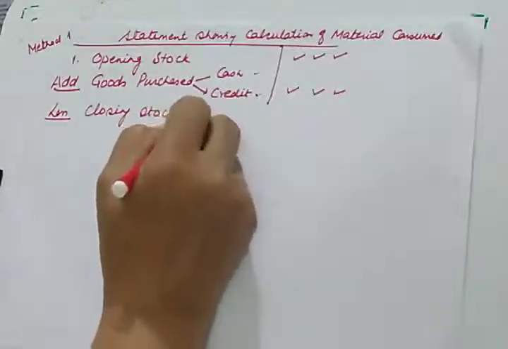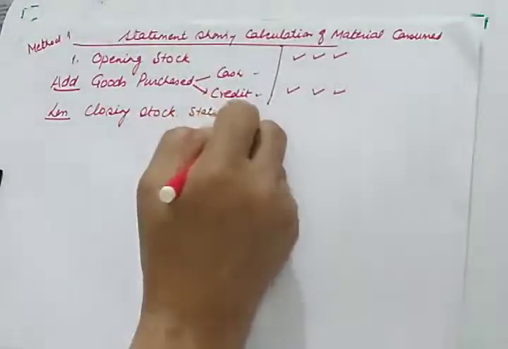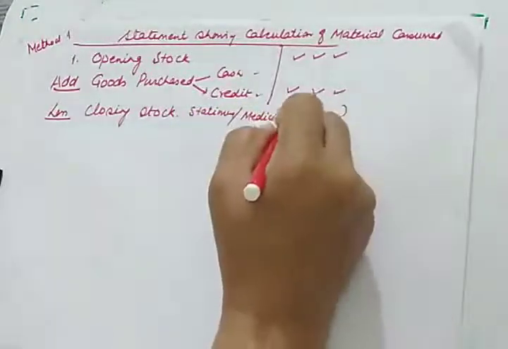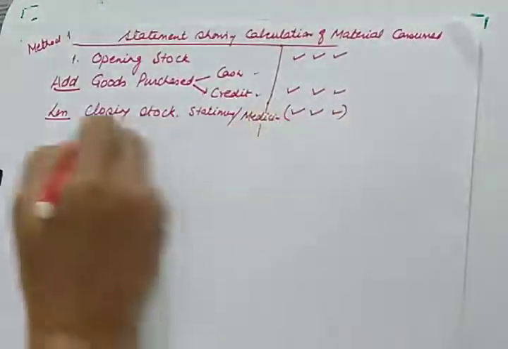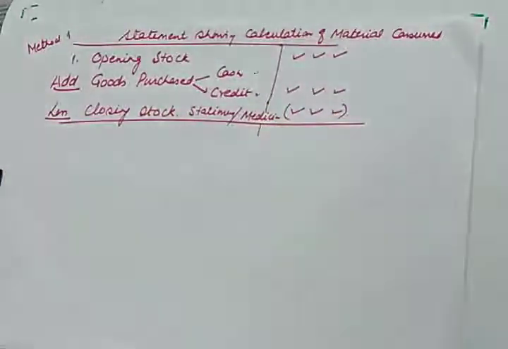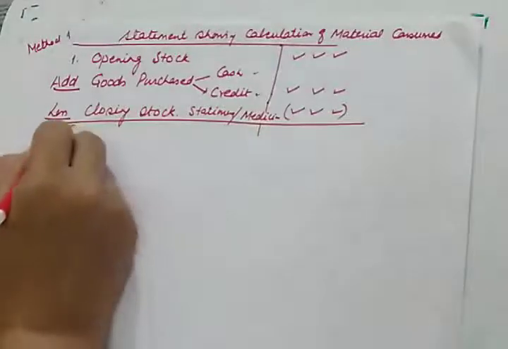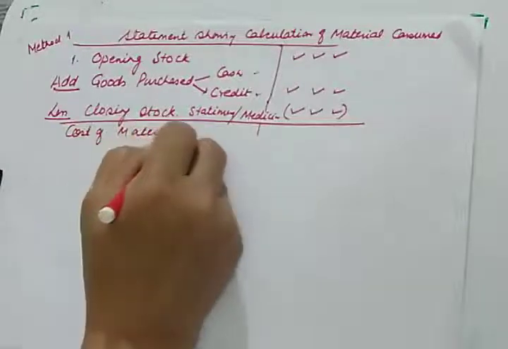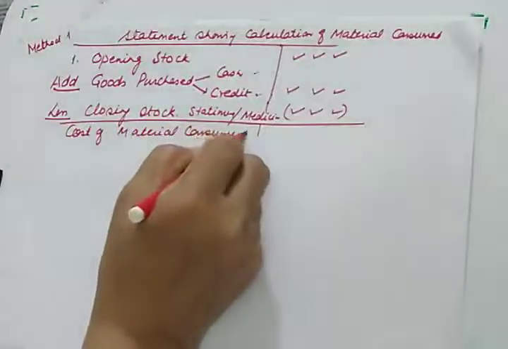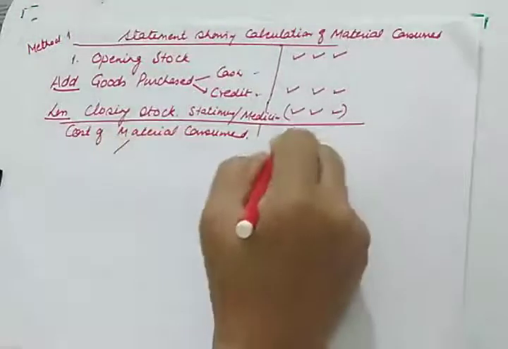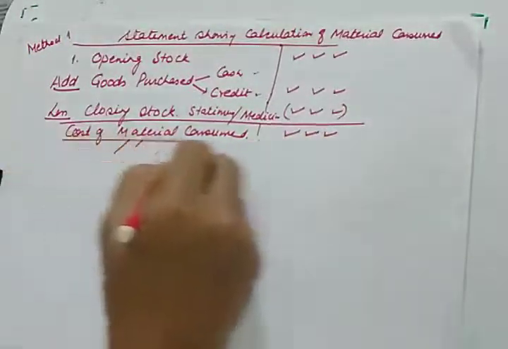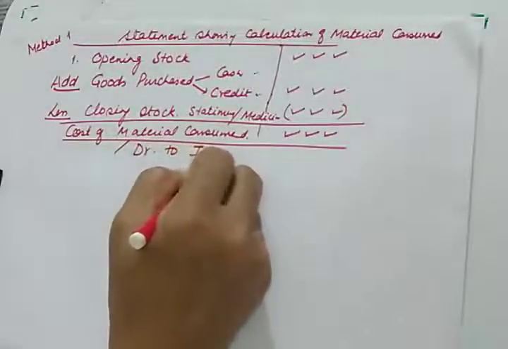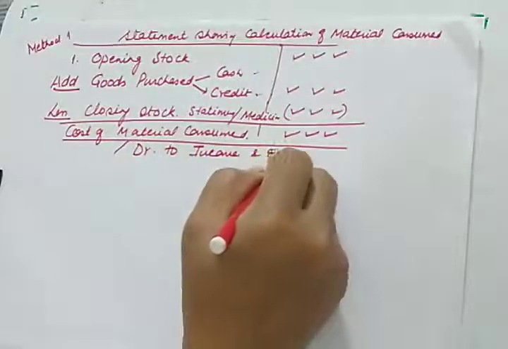Closing stock of these materials. It can be stationery, it can be medicines, or it can be sports equipment. So we'll be deducting that from this, and then the final result after calculating this will be our cost of material consumed, and this amount, the amount which we will be getting here, will be debited to income and expenditure account.